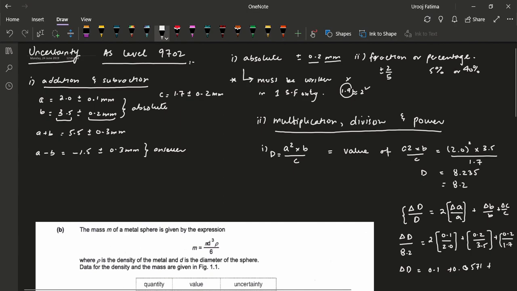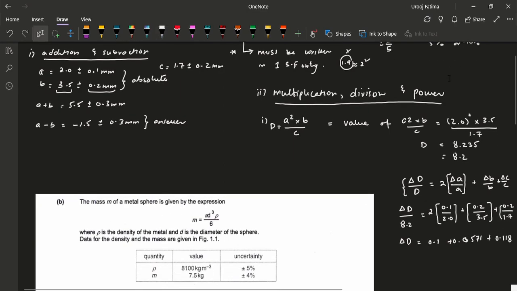And then it's 0.2 divided by 1.7, and that's 0.118, I believe.